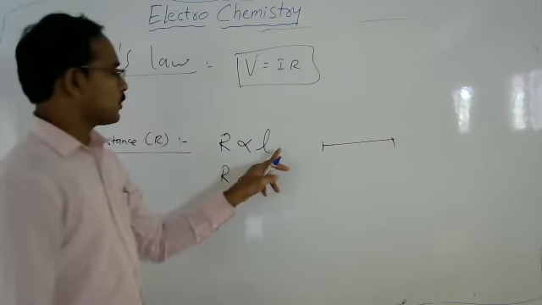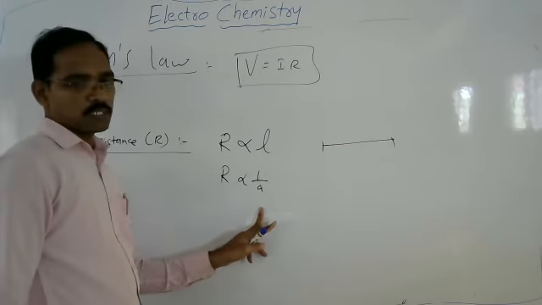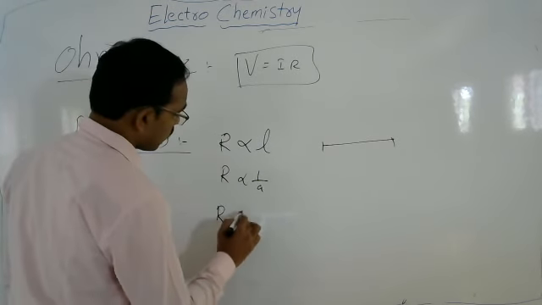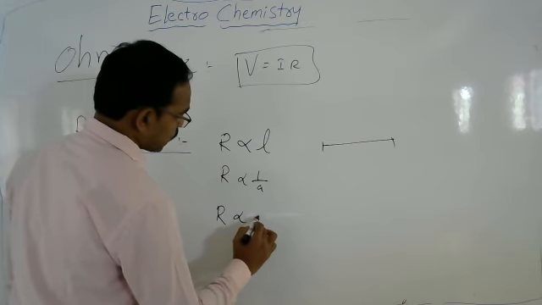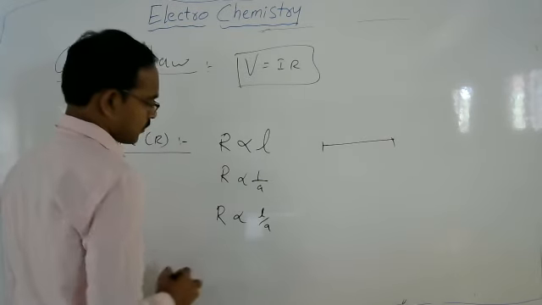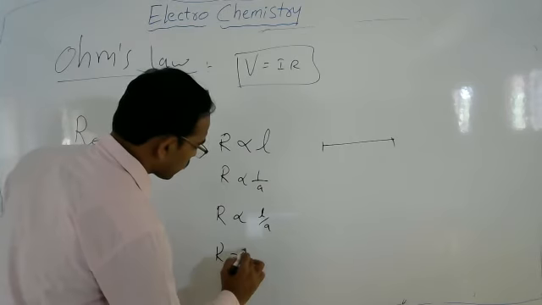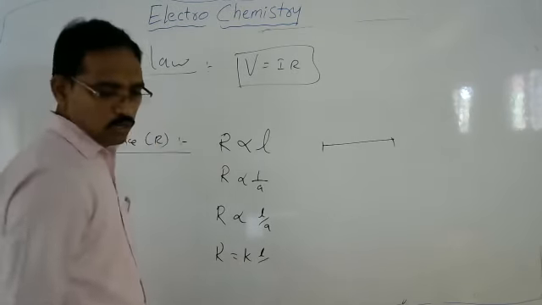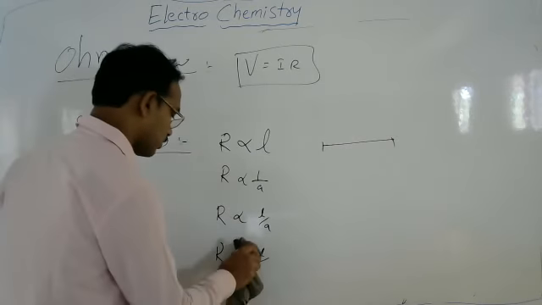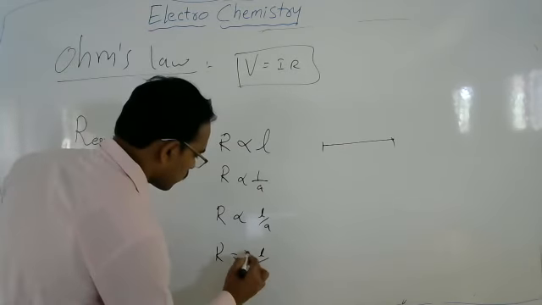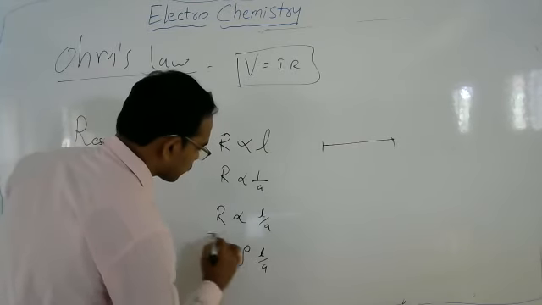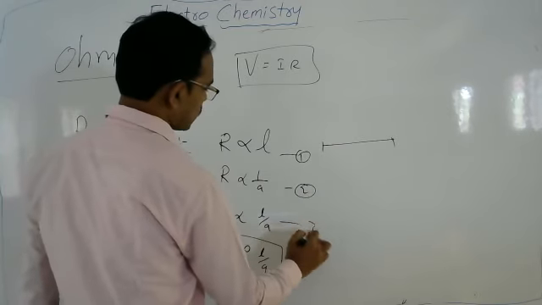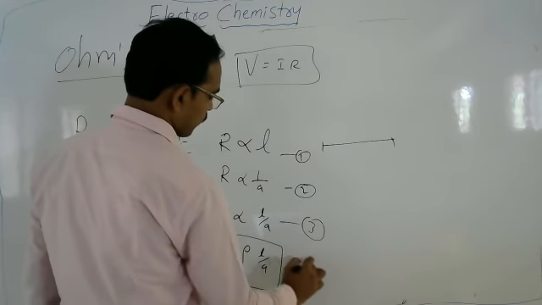So R is directly proportional to L and inversely proportional to A. I can write R proportional to L by A. Here R equal rho L by A.